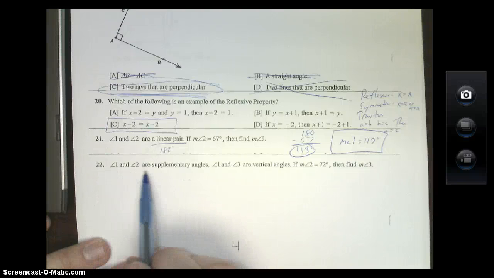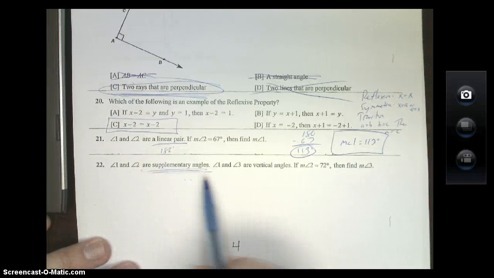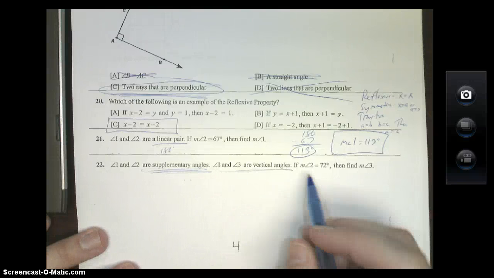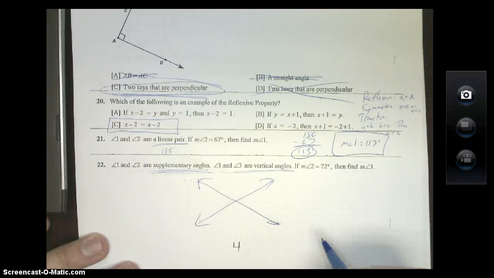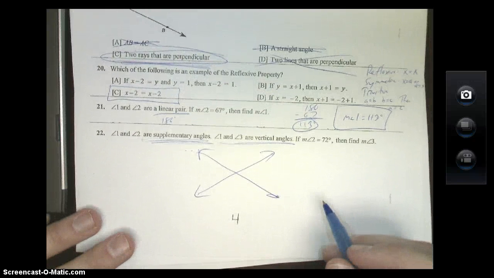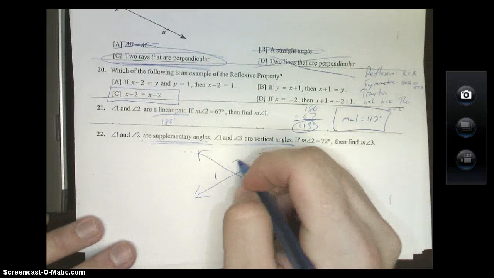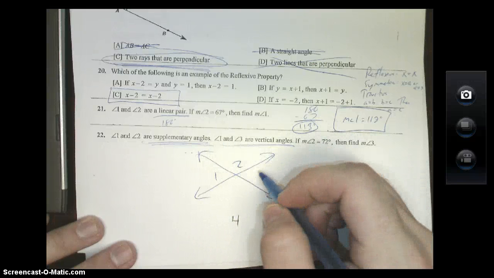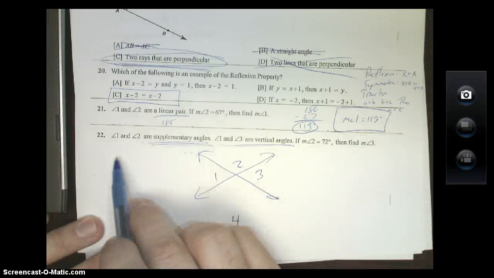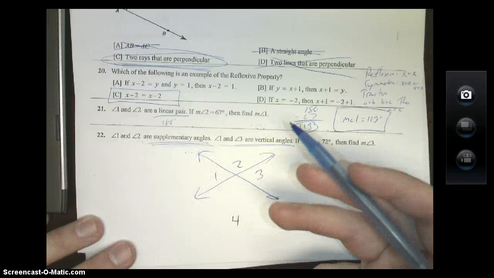Number 22, angle 1 and angle 2 are supplementary. 1 and 3 are vertical angles. I'm going to draw a little picture to help myself out. I'm going to draw 2 lines intersecting. So 1 and 2 are supplementary, which means they're side by side. 1 and 3 are vertical, which means they're across from each other. If I'm just reading this without drawing this picture, it can get a little complex.